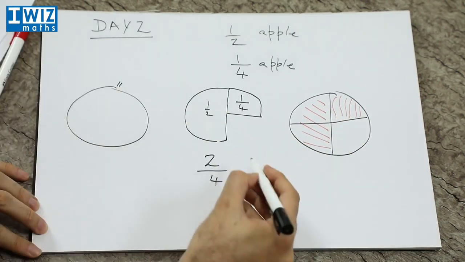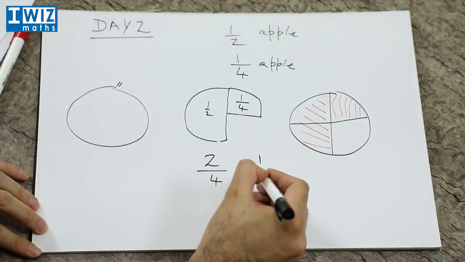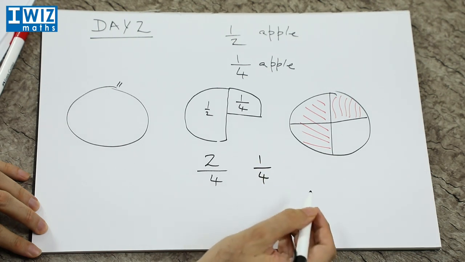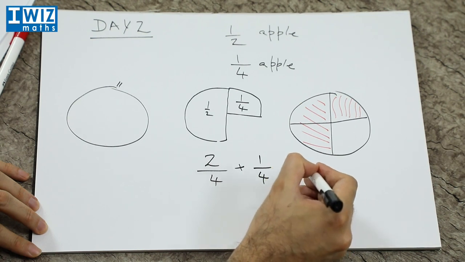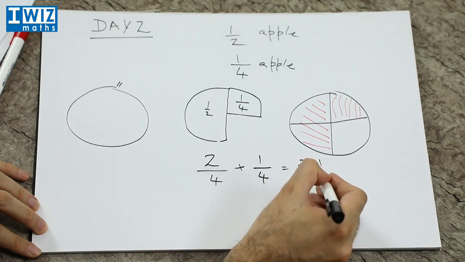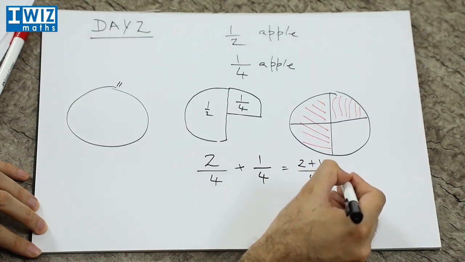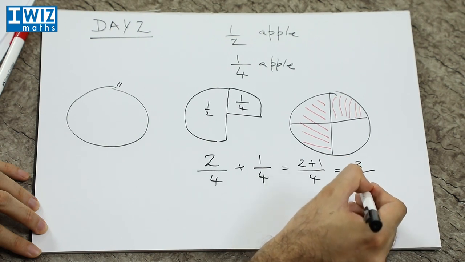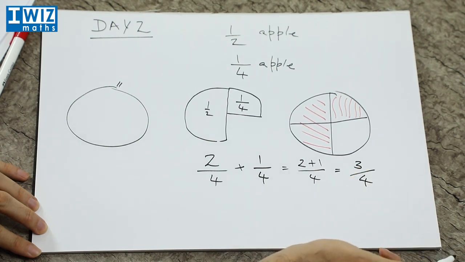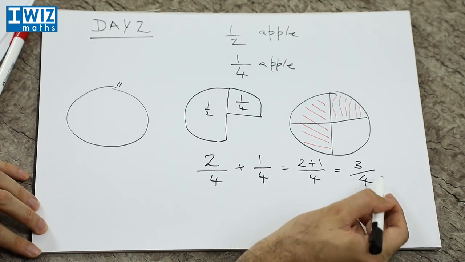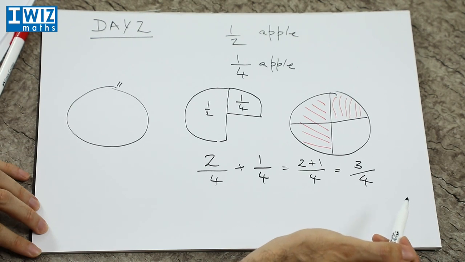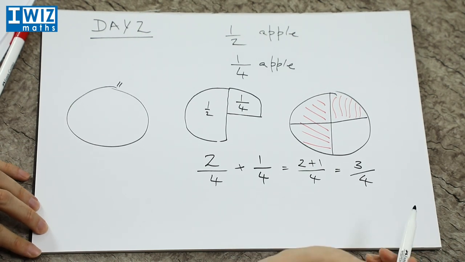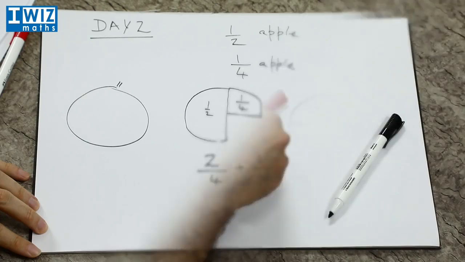Then we add them up, so that gives us 2 plus 1 divided by 4, which is simply 3 divided by 4. So we have had 3/4 of the apple within the day, half before lunch and a quarter after lunch.